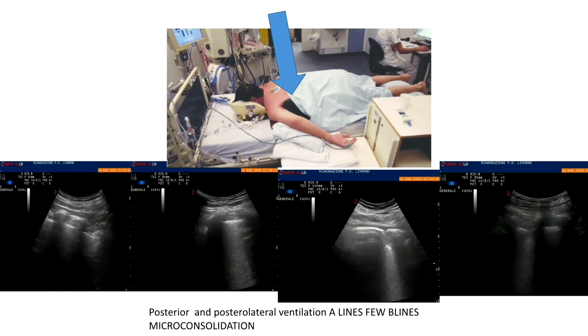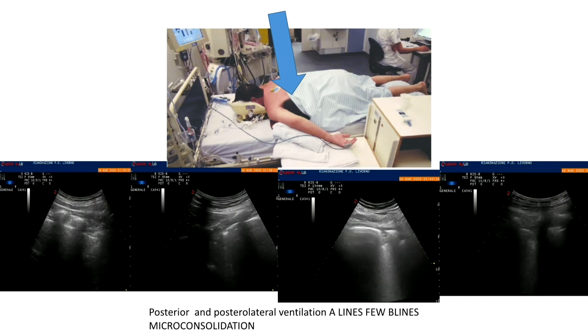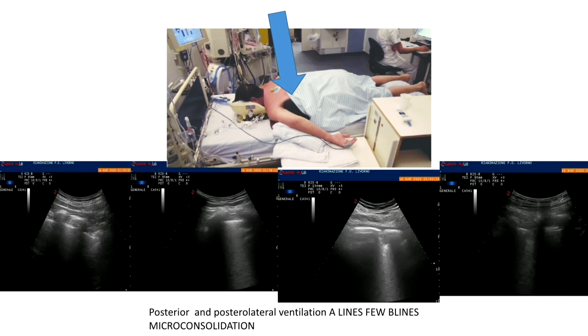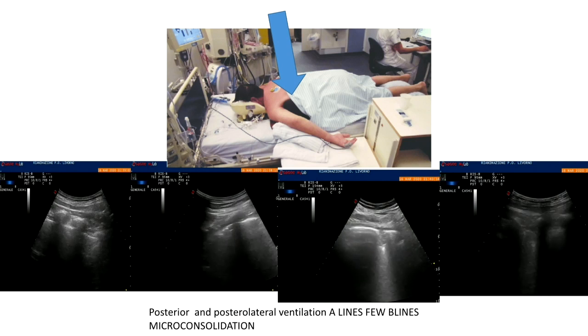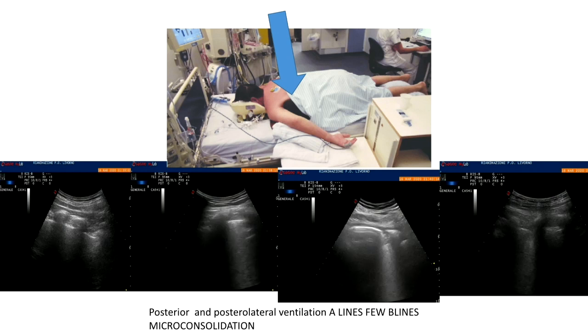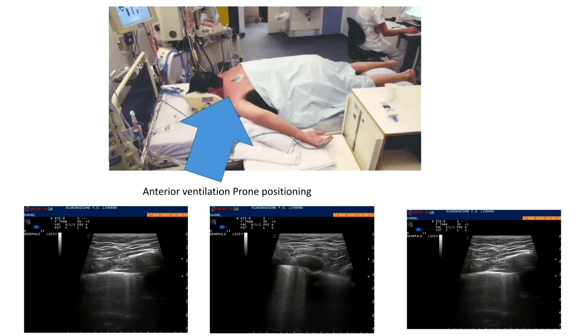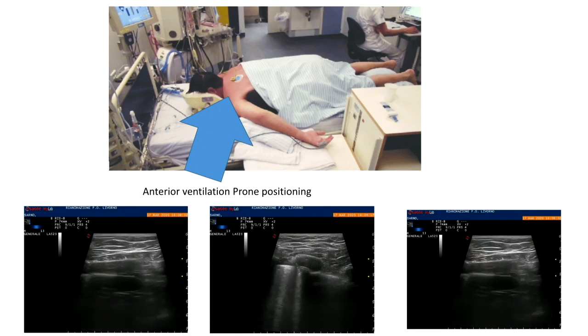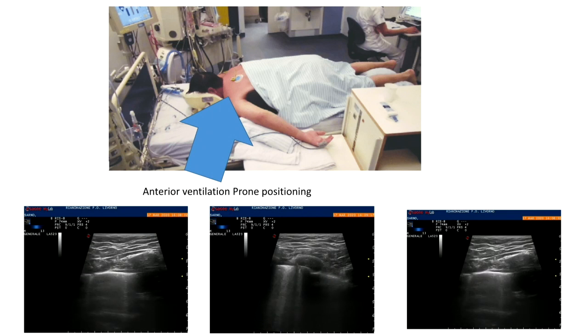You can see in the ultrasound image down here that there are micro-consolidations of the pleural line, but you have an A-line pattern. But in the next slide, you see that when you put the patient in supine position, you have a de-recruitment of the anterior part of the lung. So there are B lines on the anterior part. So you have a good oxygenation, but the edema remains in the declivous part of the lung.